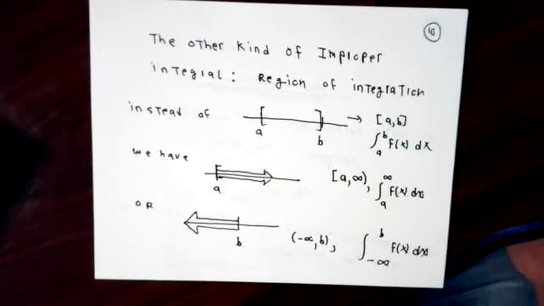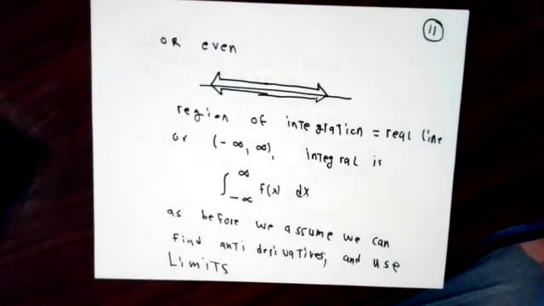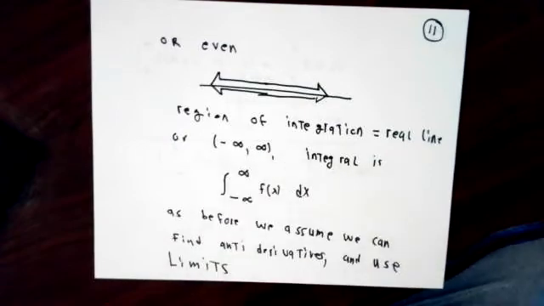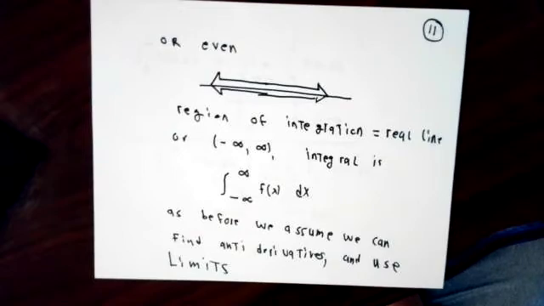Or obviously we can combine the two and have the entire real number line be the interval of integration, which we would write as -infinity to infinity. And the integral we would give is integral -infinity to positive infinity, f of x dx.